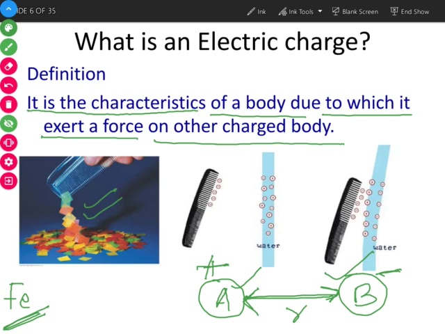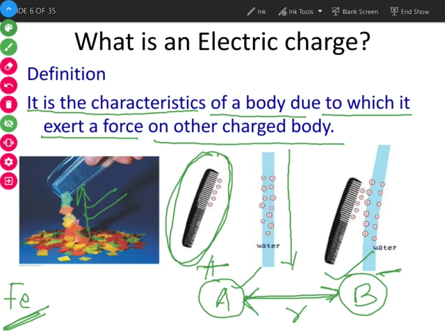As you can see here, the comb is charged, and due to the charge it starts attracting the bits of paper. Paper is basically neutral, but due to this charge, an attracting force starts acting between the bits of paper and the comb. In the same way, here you can see that this comb is negatively charged, and this is the tap water, coming in a downward, vertical direction, and it is straight. If the charged comb is placed far away from the tap water, it has no effect.